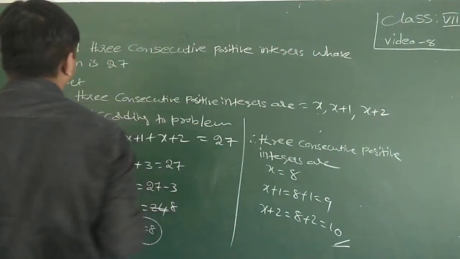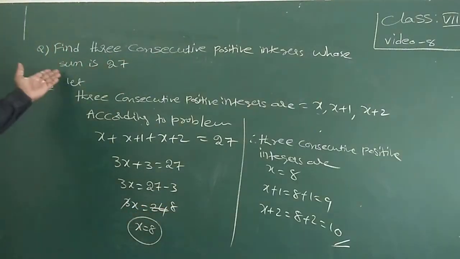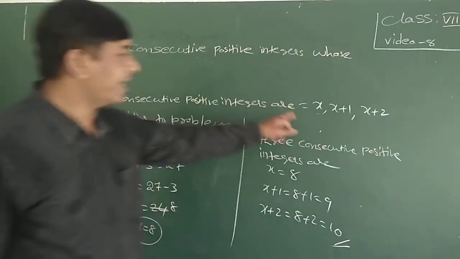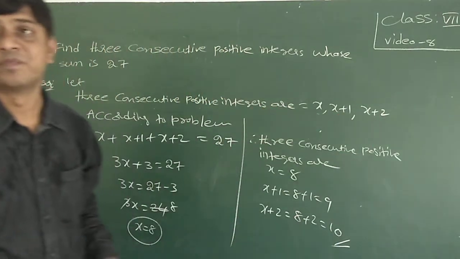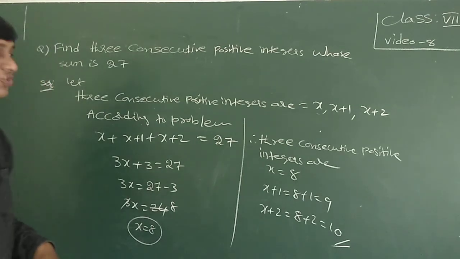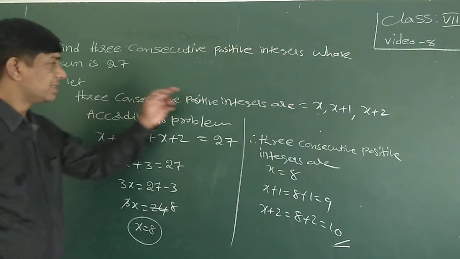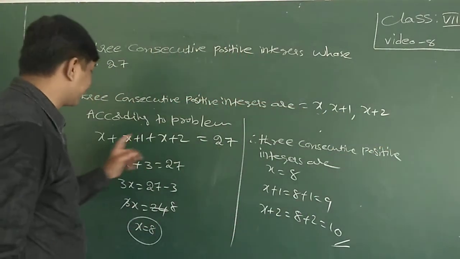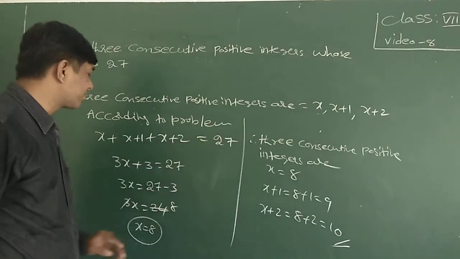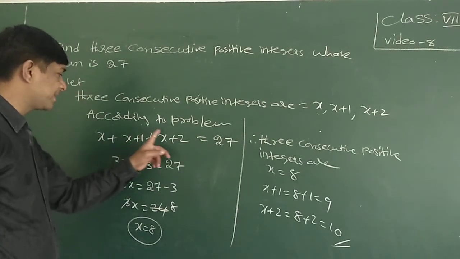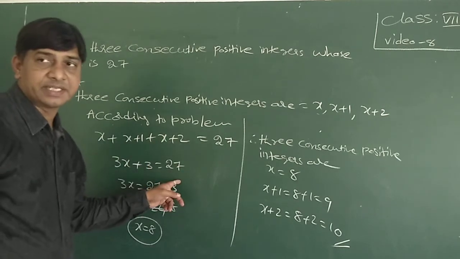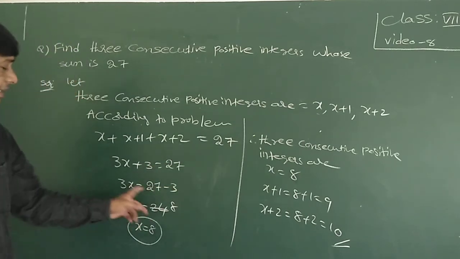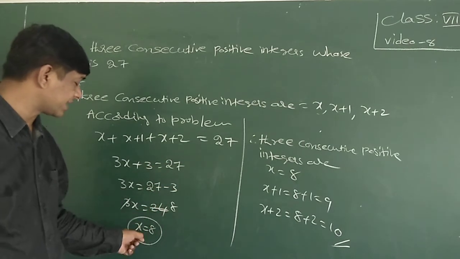See here, find the three consecutive positive integers whose sum is 27. Let the three consecutive positive integers be x, x plus 1, x plus 2. According to the problem, their sum is 27, so 3x plus 3 is equal to 27. 3x is equal to 24, so x is 8.